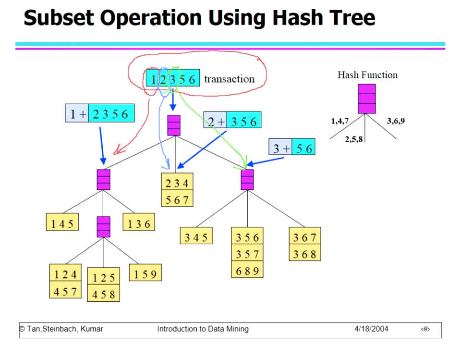Yes, the same example, of course. But here we will use the hash tree, and we will see how we can reduce the number of comparisons using this hash tree.